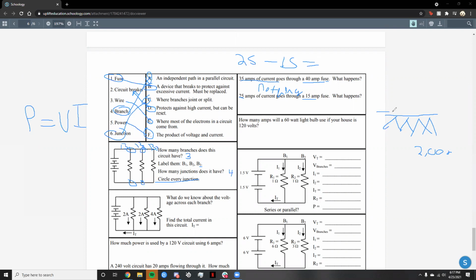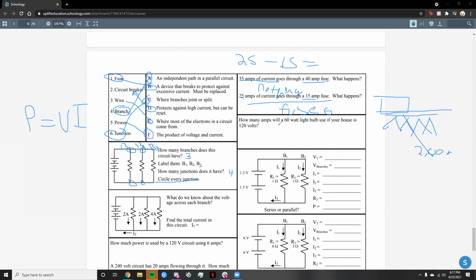A car that weighs 1,000 pounds will be fine. But a truck that weighs 3,000 pounds, the bridge will break and it won't be closed anymore. It'll be open, just like this. So with 25 amps going through 15 amps, the circuit will break. The fuse breaks.